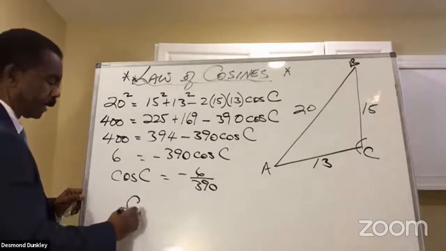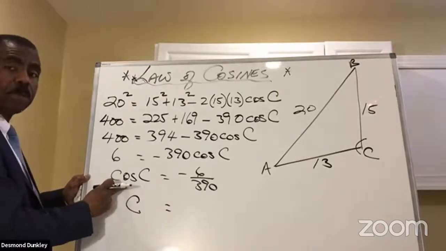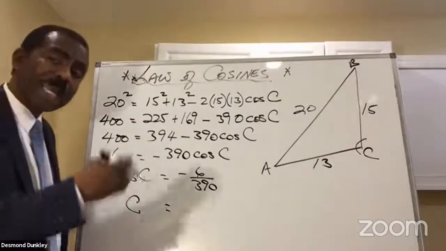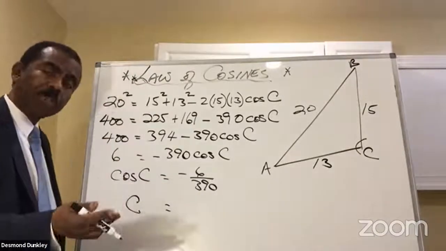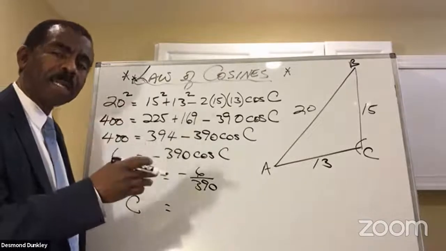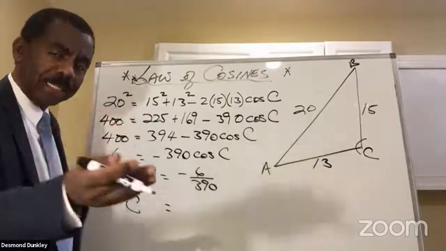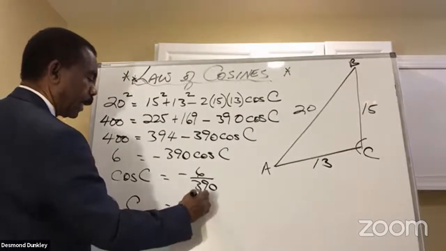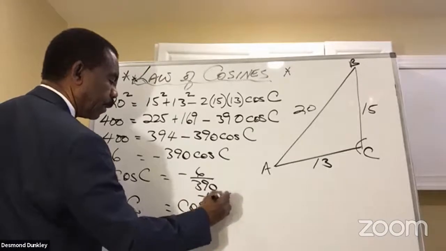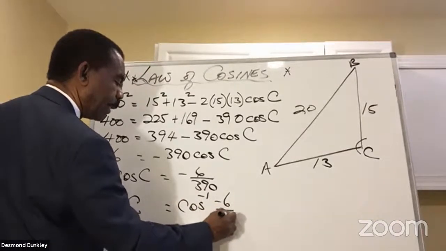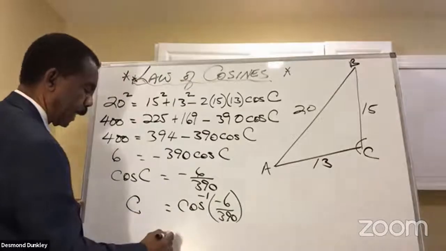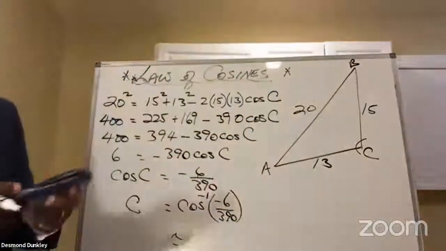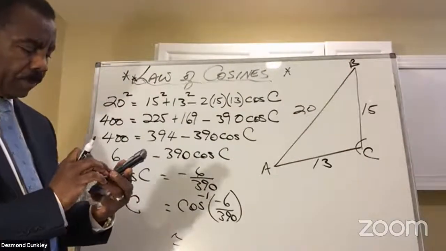And therefore, angle C is equal to, to get rid of cosine, we do the inverse of cosine, which is cosine to the negative 1, or I did mention to you, it's also called arc cosine. So we do cosine to the negative 1 of negative 6 over 390. And that's approximately, take the calculator, and we go.